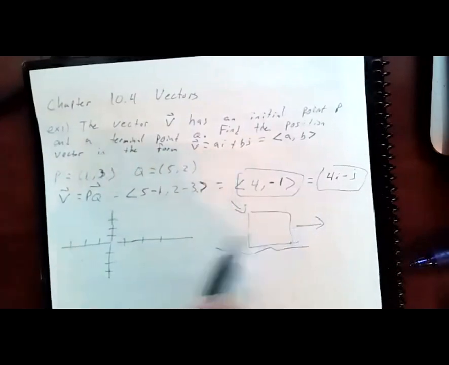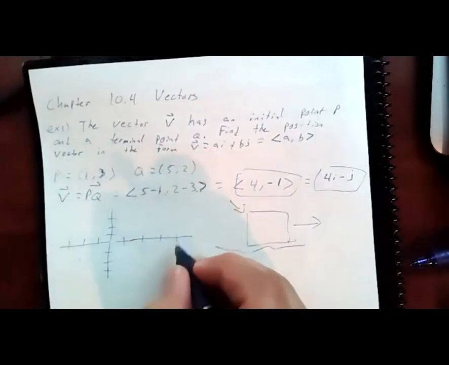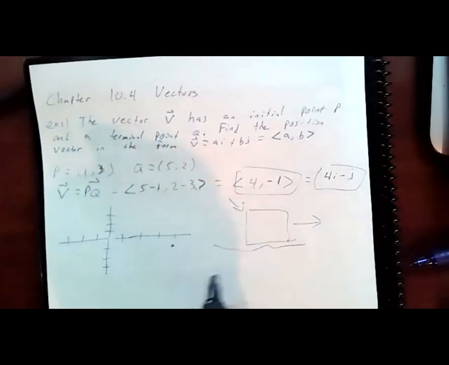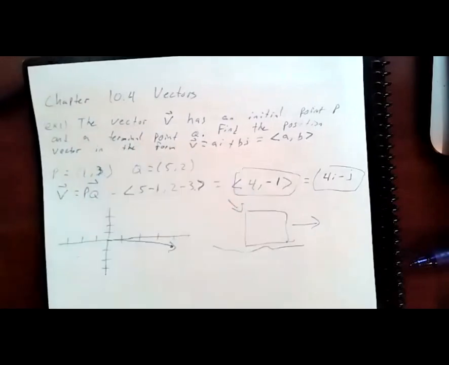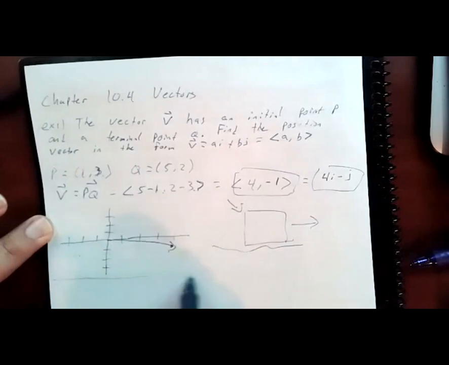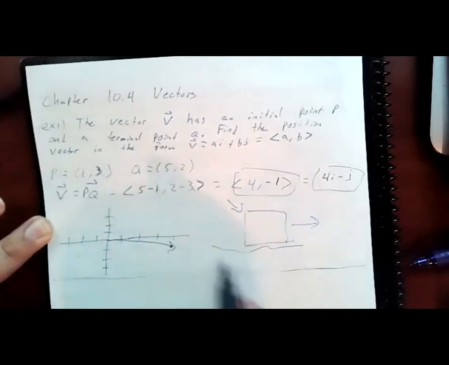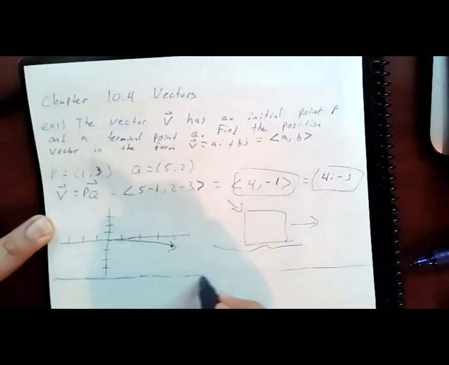So 4, -1 would be here. So the arrow would be going this way. But it's always the second minus the first. It's always going to be like that. Okay.